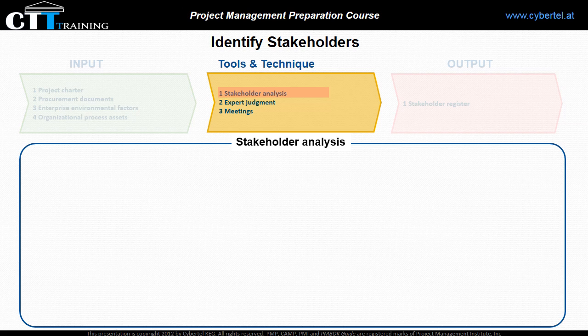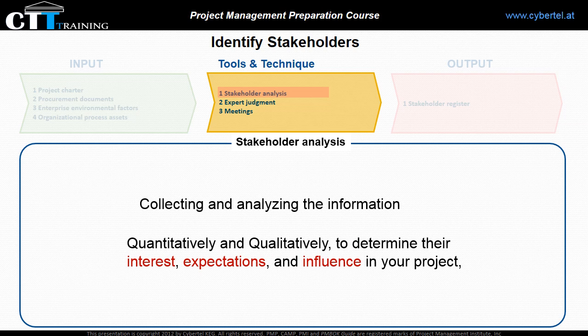The stakeholder analysis technique is all about collecting and analyzing the information you gathered about the stakeholders and evaluating this data quantitatively and qualitatively to determine their interests, expectations, and influence in your project, and trying to relate their interests, expectations, and influence to the purpose of the project.